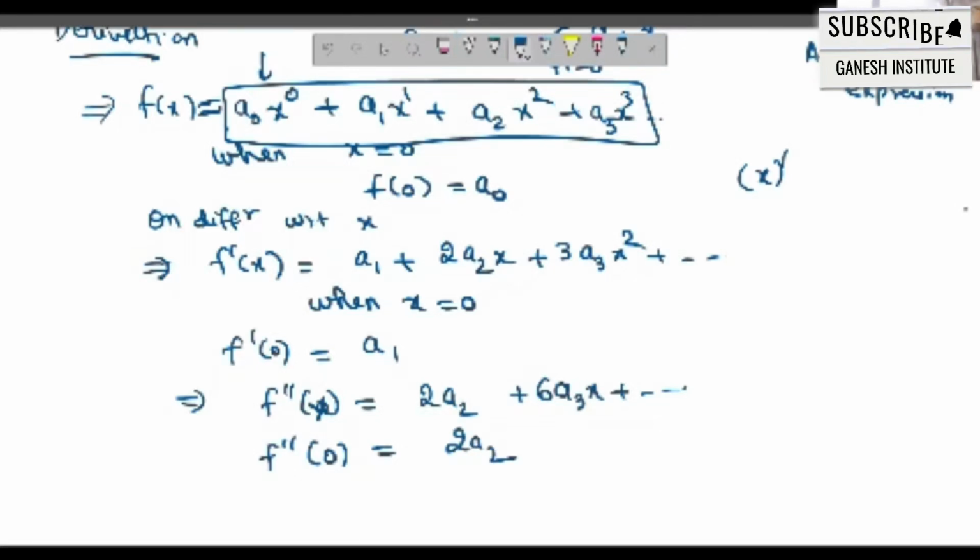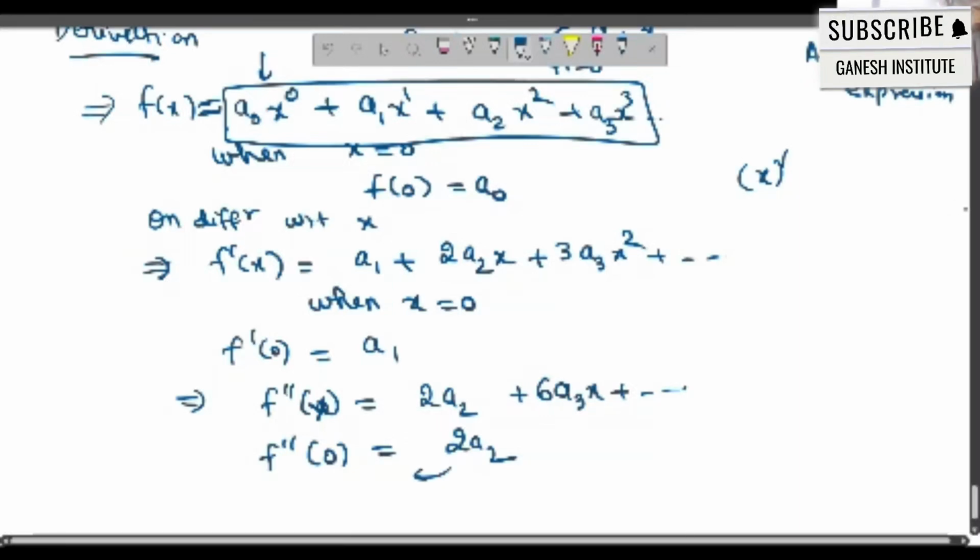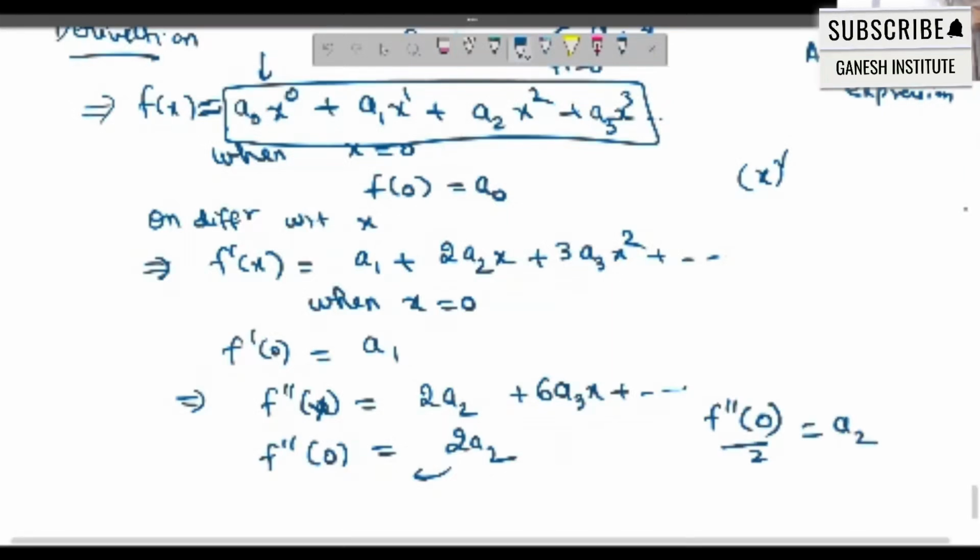Right. So, can you see if I generalize it? If you take this 2 in denominator form, it is a2 equals f double dash 0 by 2 factorial.